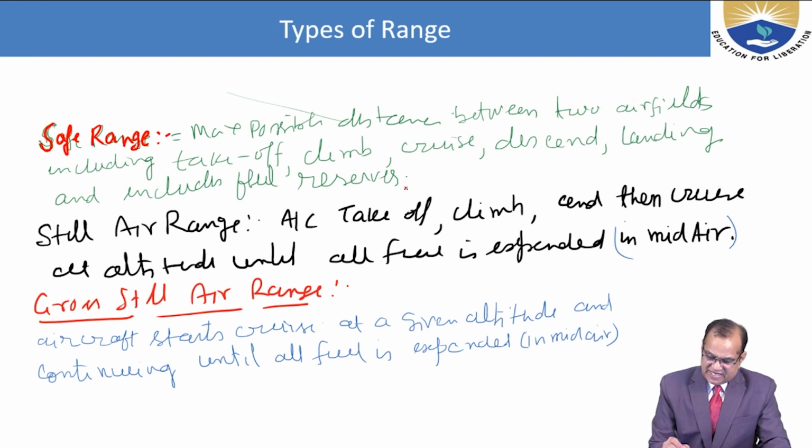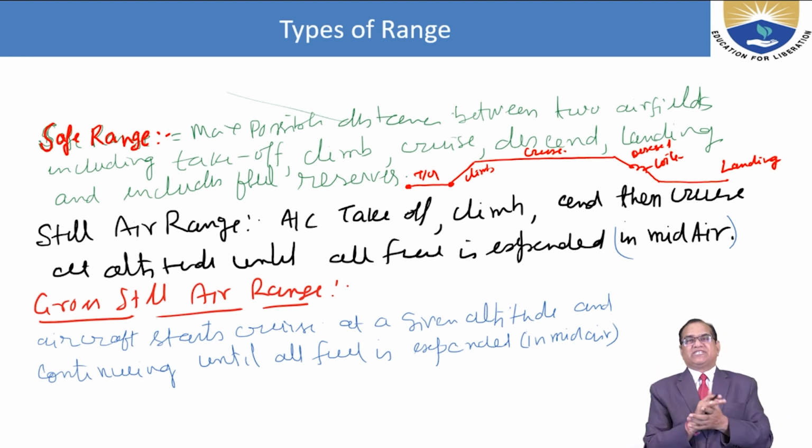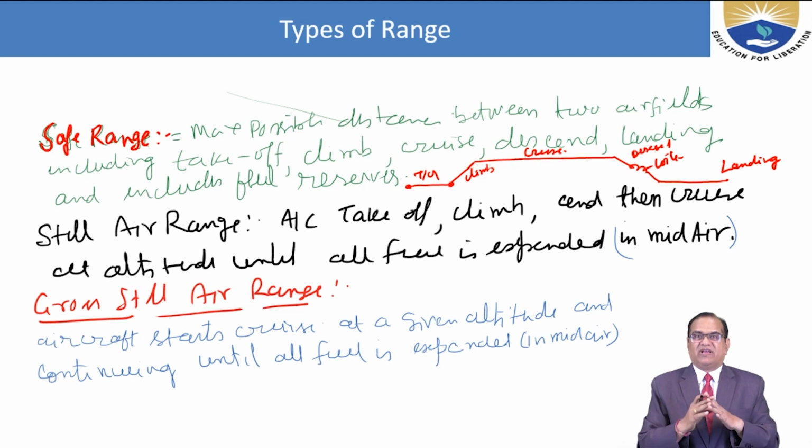So if it is parked on the dispersal, from here it is takeoff, here the climb, from here cruise, then descent, loiter, again descent, and this landing. All these things: how much fuel it is consuming, and how much range it can cover by the given amount of fuel, is called the safe range.